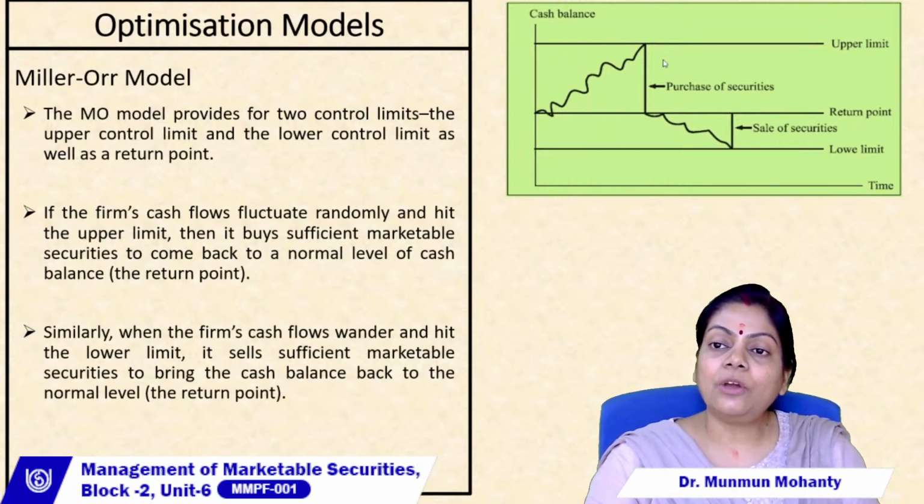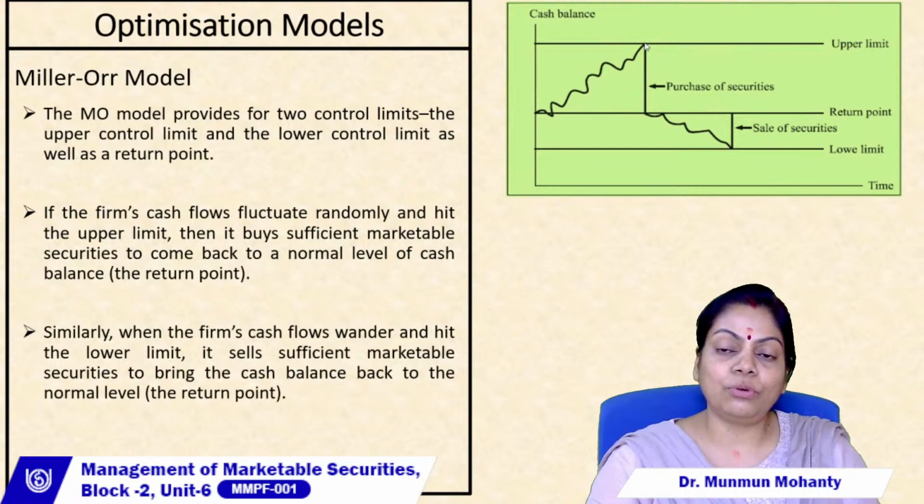The firm's cash flow will fluctuate randomly, with cash inflows and outflows. The moment it hits the upper limit, I buy sufficient marketable securities. Suppose my return point is 50,000 and my upper limit is, let us say, 2 lakh. I will not do anything until my cash balance reaches 2 lakh.